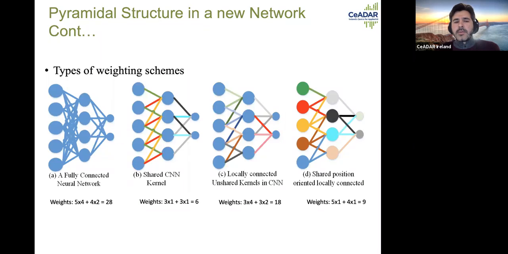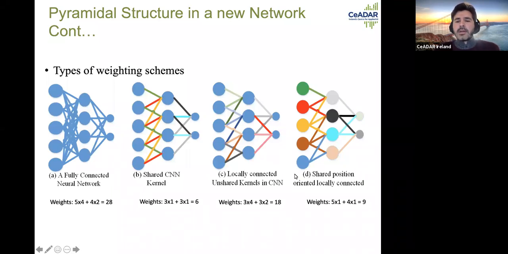Similarly, we have a third type of scheme called locally connected unshared kernels in CNN. This is a mixture of A and B, meaning there is a unique kernel for each hidden neuron, and it results in 18 weight parameters.